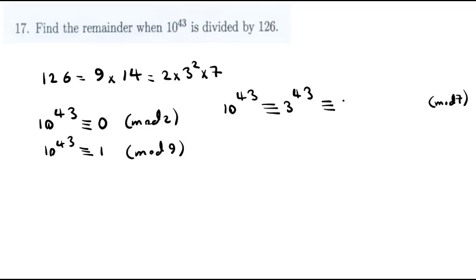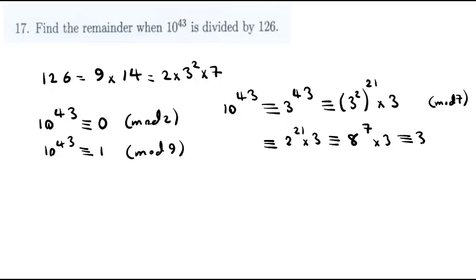So 3 squared is 9. So let me write like this. 3 squared to the power of 21, 42 times 3. 9 mod 7 is 2. 2 to the 21, times 3. And then you say, okay, 2 cubed is 1. It's 8 to the power of 7. 2 cubed times this, it is 1. It will be 3. So it is 3 mod 7. So this number is 3 mod 7.